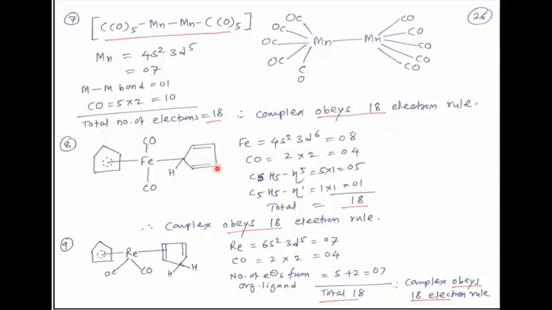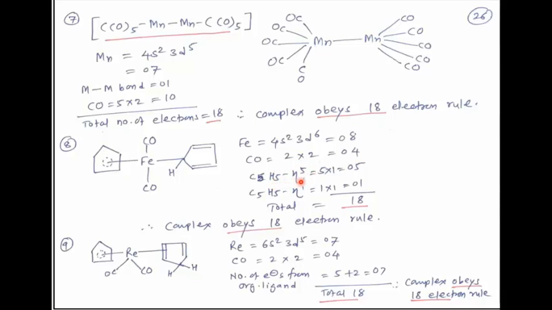This is another complex we have to find out whether it obeys the 18 electron rule or not. In this structure, the central metal atom is iron. So again 4s2 3d6 configuration, 8 electrons. There are 2 carbonyls, so 2 carbonyls donate 4 electrons.